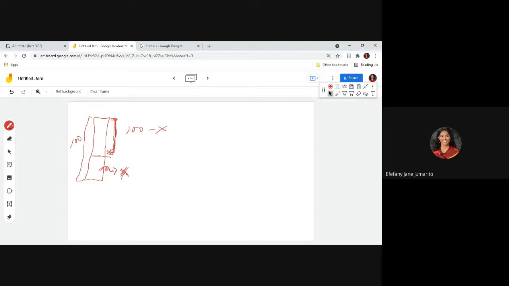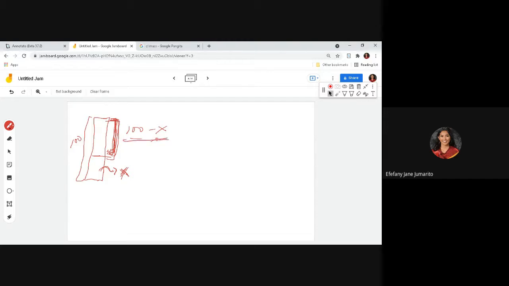So, if we know we have this part to be 100 minus X. Meaning that this part is, since you know that the whole thing is 100, you minus katong kaning gamay, then ang mabilin, mauna ang length ani.